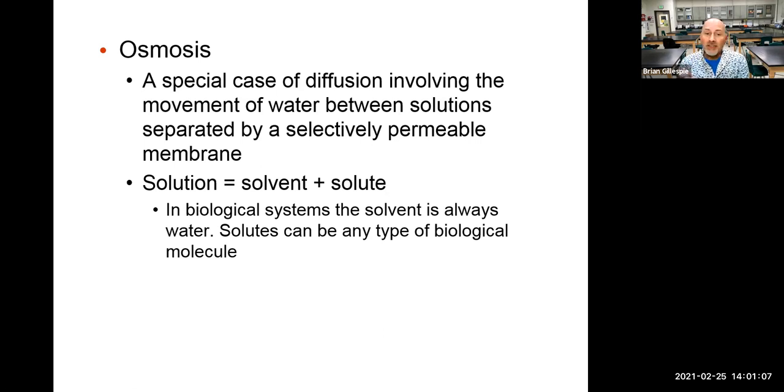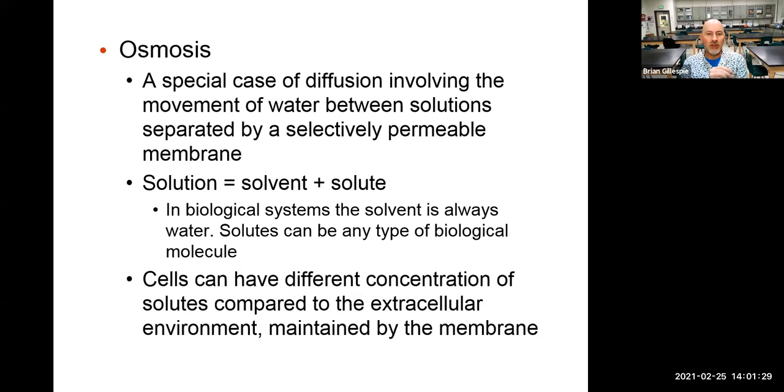So when we're looking at cells, cells have different types of solutes inside themselves, in their cytoplasms, than exist in the fluids outside of those cells. And so water can often diffuse between different areas depending on the relative solute concentration.